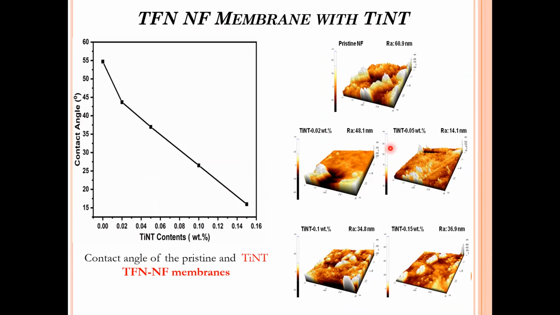If you see the surface roughness, the pristine nanofiltration membrane has a surface roughness of 60.9 nanometers. If you increase the TNT content, at 0.05 it was the lowest, which gives a very smooth surface. But when you increase more and more, the surface roughness increases because of agglomeration of the particles.